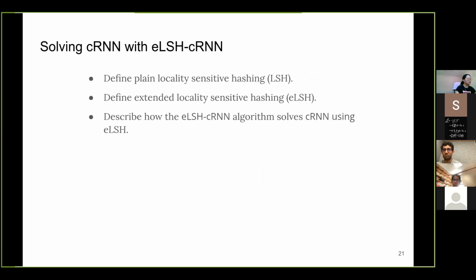So how to solve CRNN? We use locality sensitive hashing. We will first define what locality sensitive hashing is, then define the extended version of locality sensitive hashing, then describe how to use ELSH CRNN to solve CRNN using ELSH.